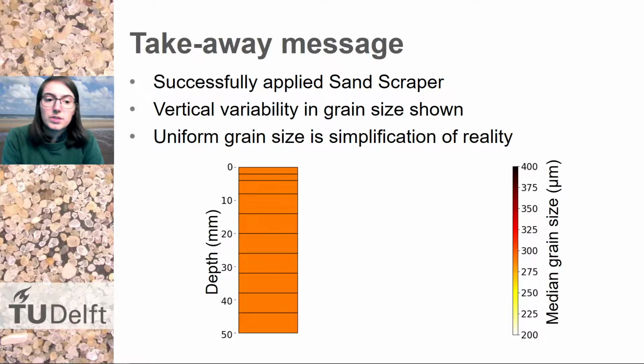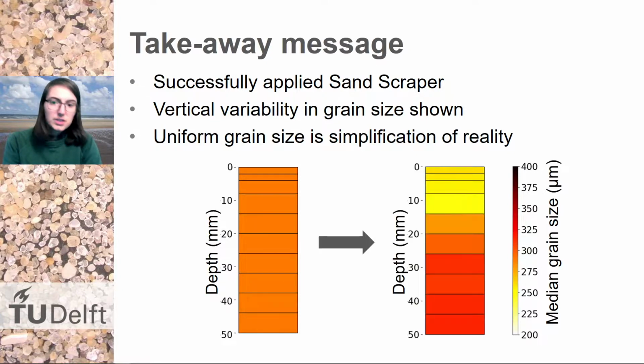If we would visualize it, we would have a big orange blob, and now we've shown that there's actually a bunch of fine and coarse sediment present in there. So next time when you're on the beach, remember that it's not just one uniform grain size that you're walking on, but the tapestry of layers of finer and coarser sediment.